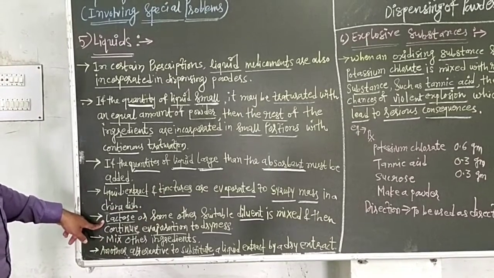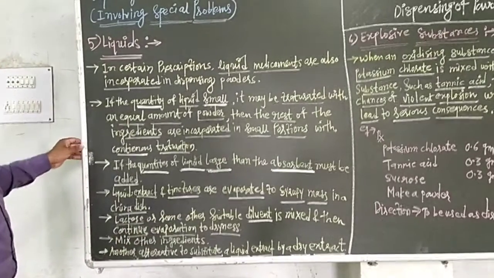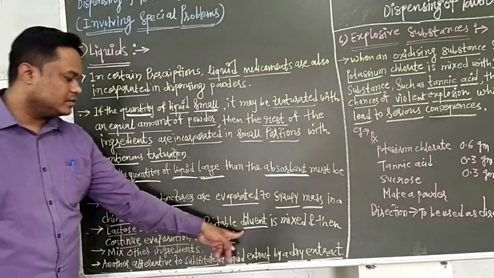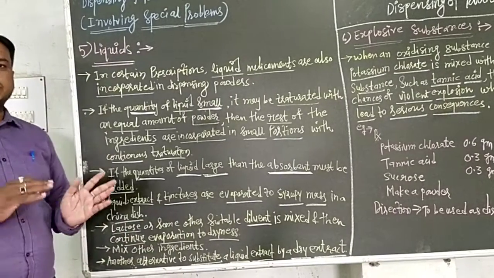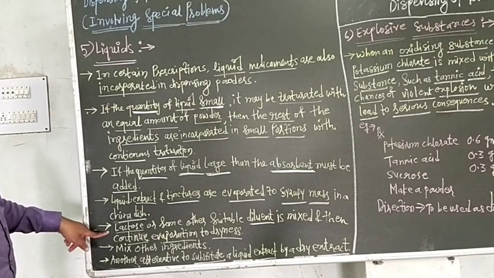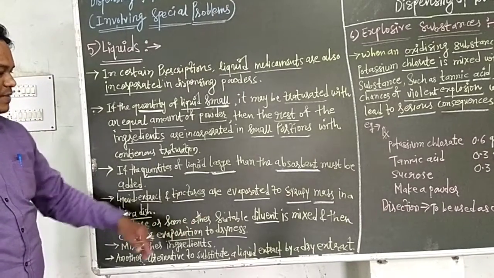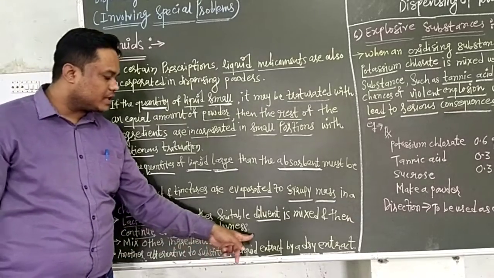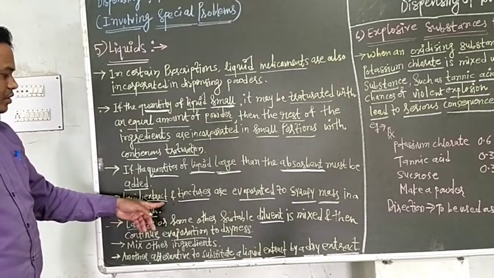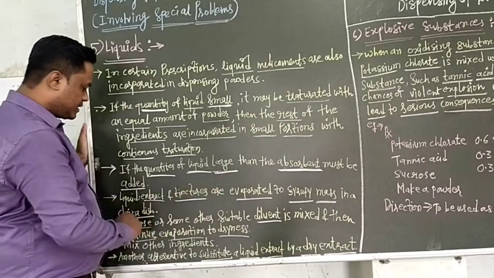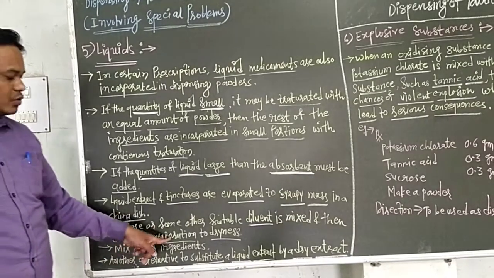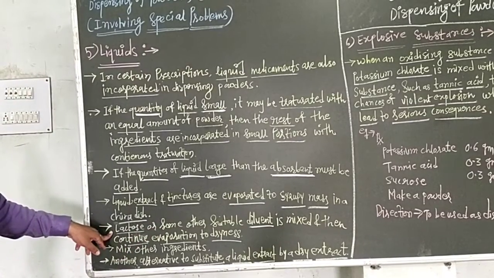In some cases lactose or some other suitable diluent is mixed in, and then evaporation is continued to dryness. Diluent means the substances used as fillers, which only increase the weight, for example lactose.